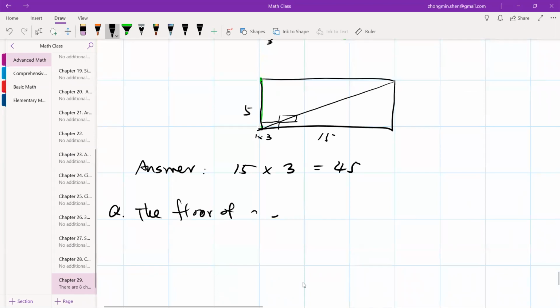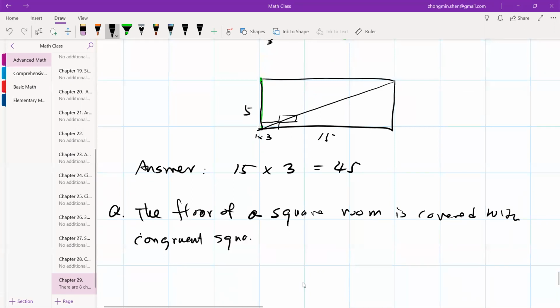The floor is a square, and we know that the two diagonals intersect a total of 20 tiles. How many tiles are on the floor? That's the inverse problem.